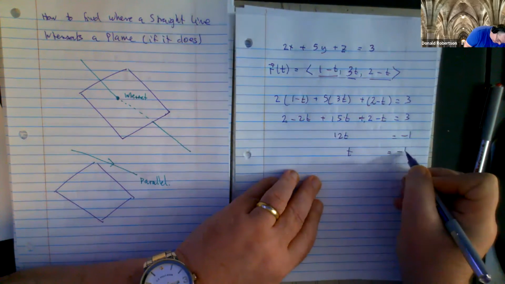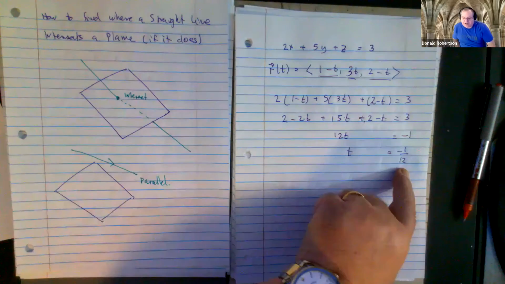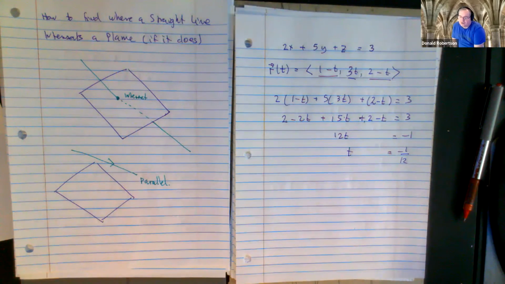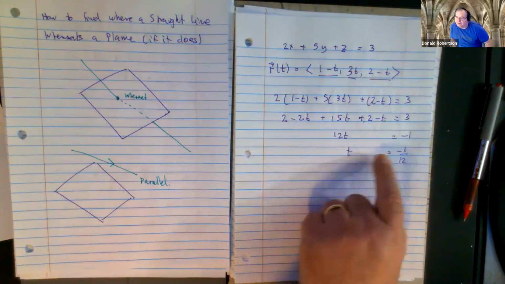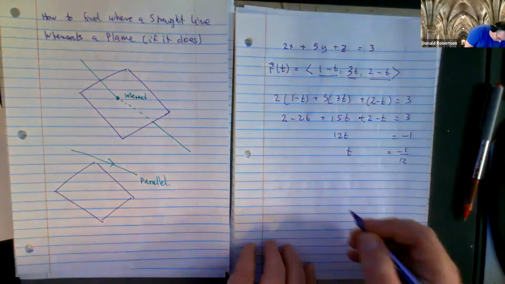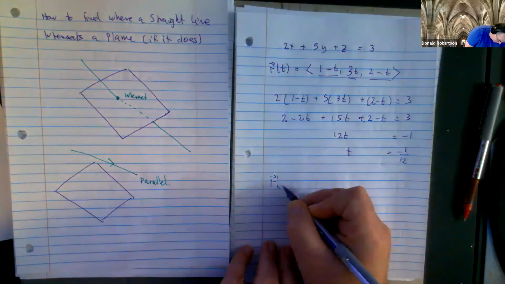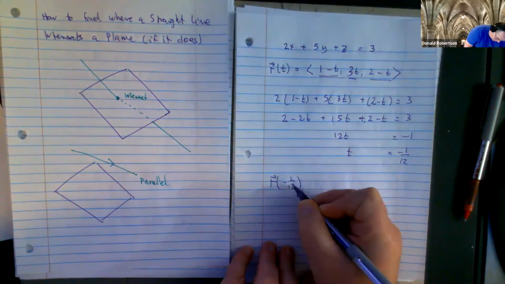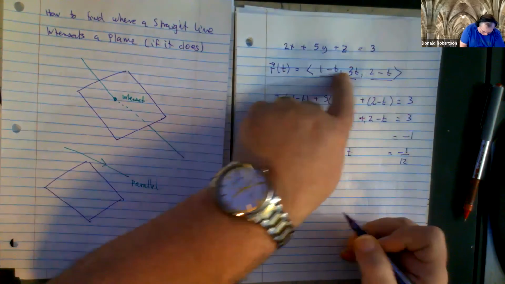Okay. The fact that that is a number means it is going to be a line intersecting the plane. You agree I've managed to solve it, right? What is the coordinates of that point going to be? It's going to be whatever that looks like on this line.